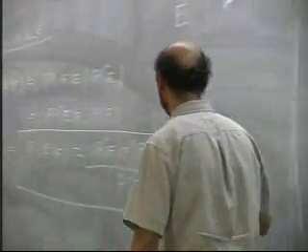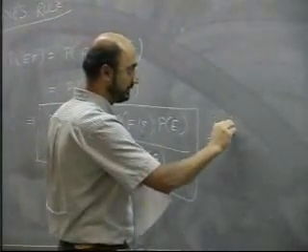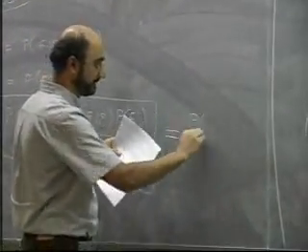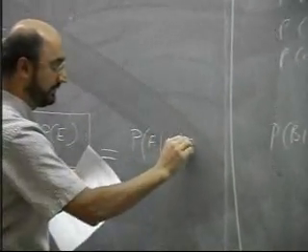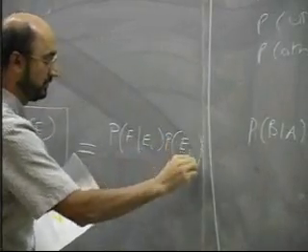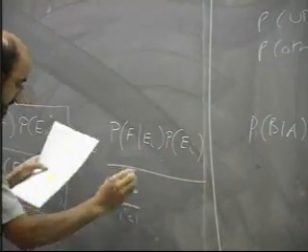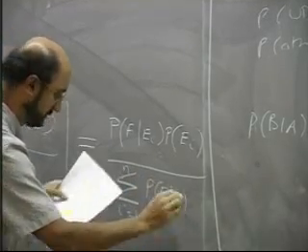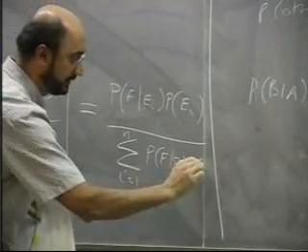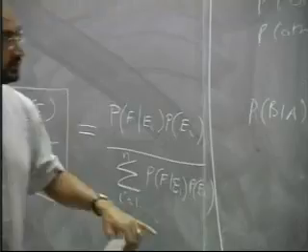P(F) can be represented as P(F given E_i) P(E_i) over the sum from i equals 1 to n of P(F given E_i) P(E_i). Okay? So if you see what's going on over here, what factor shows up on top?